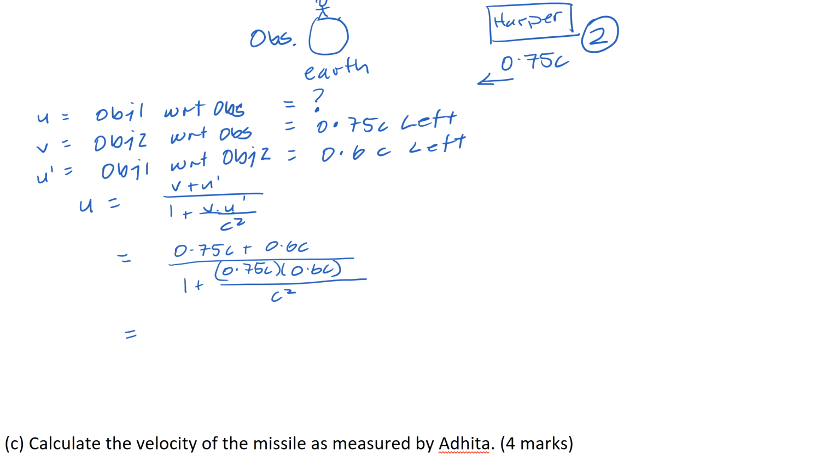And if I pop that through my calculator, those C values cancel out, so I end up with 9.31 by 10 to the minus 1 C left. So now you know the velocity of the missile as measured by the observer on the Earth.